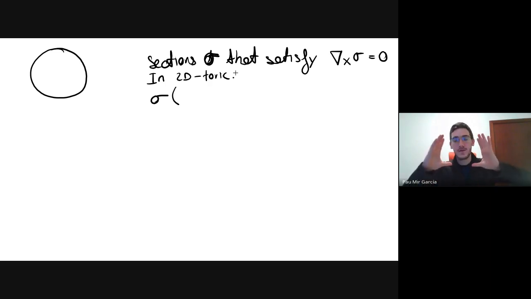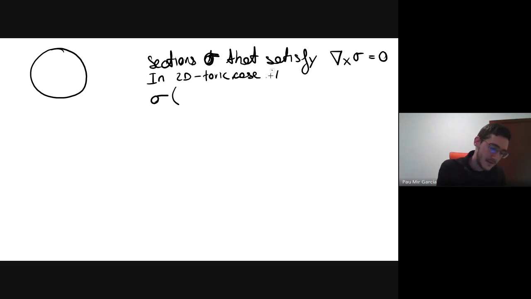And you can think about the sphere as a compactified cylinder. So let me write explicitly the equation of the flat sections in the cylinder. Consider the cylinder with cylindrical coordinates h, theta, for instance.